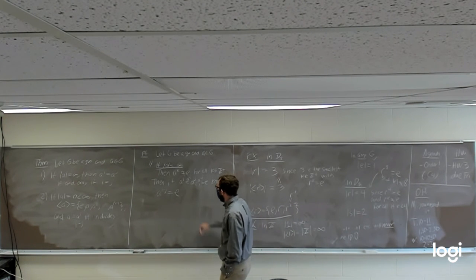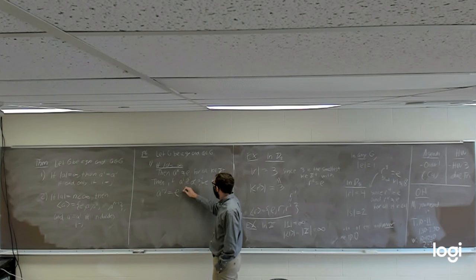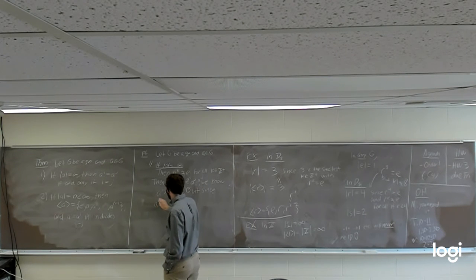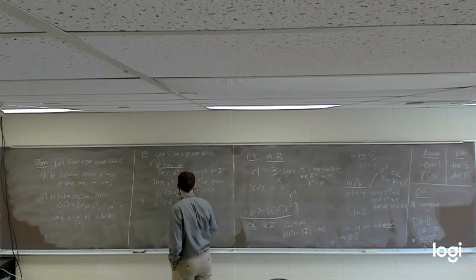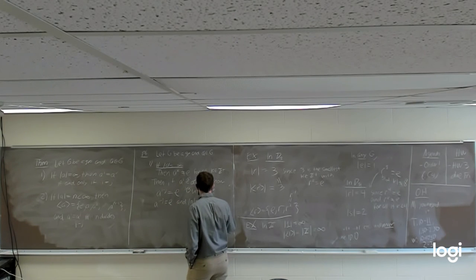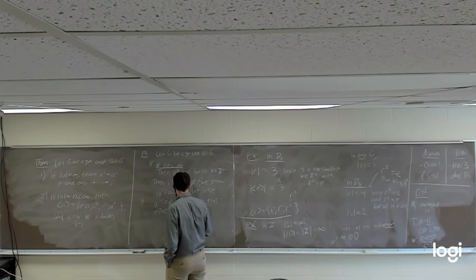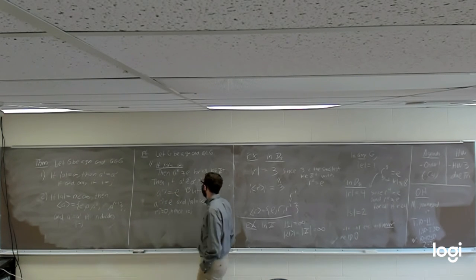So since a to the i minus j is equal to the identity, and the order of a has to be infinite, thus i minus j is equal to 0, hence i equals j.